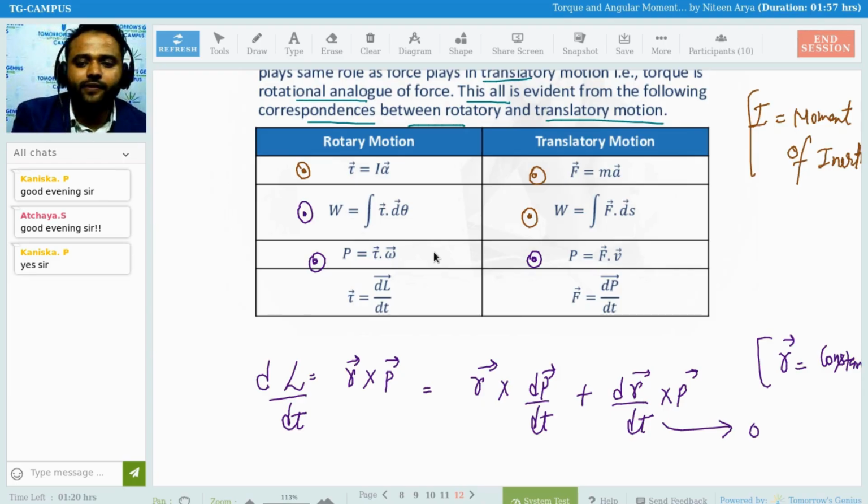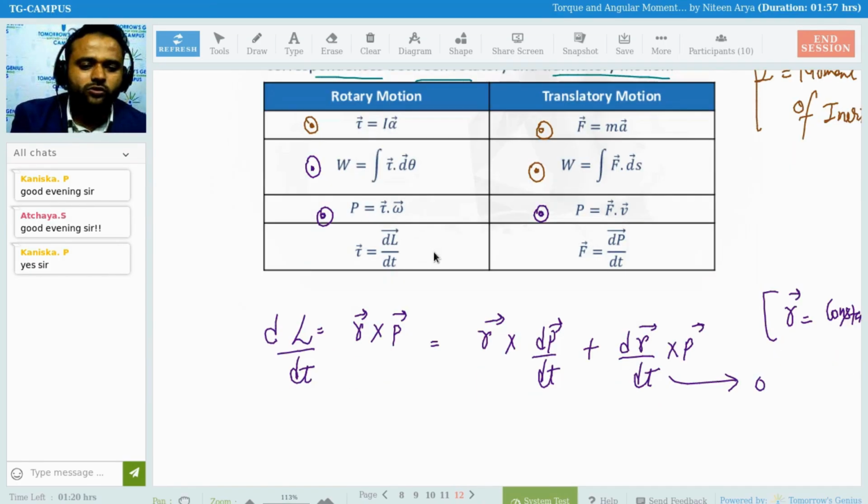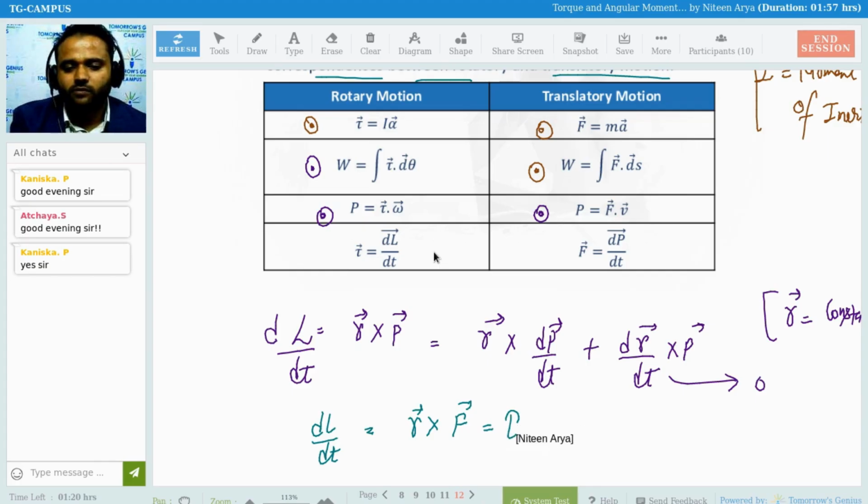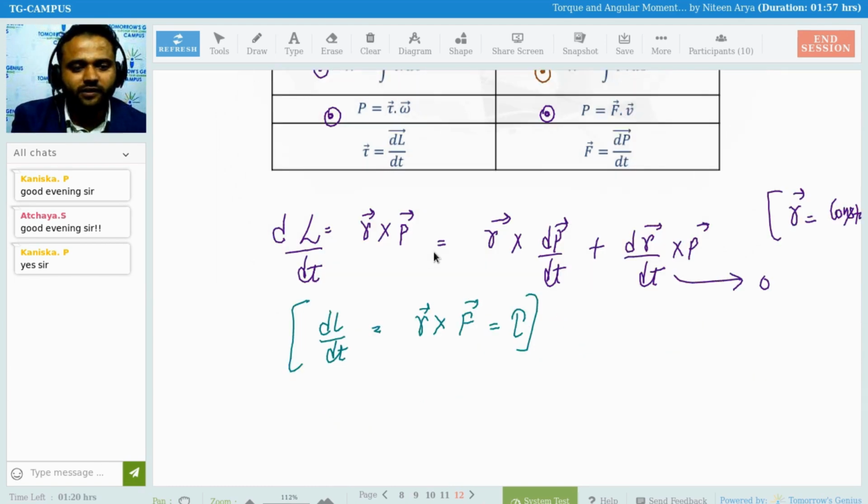If it is constant, then the second term dr by dt is 0. So we can see that dL by dt, which is r cross F, is nothing but torque. Clear, everyone?